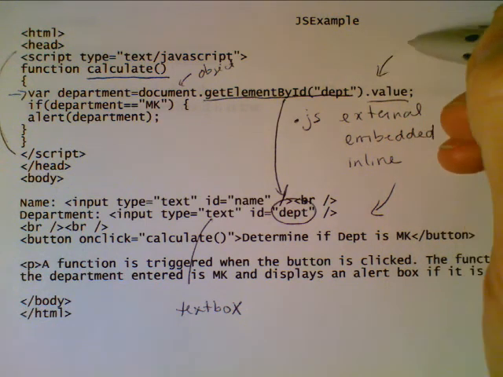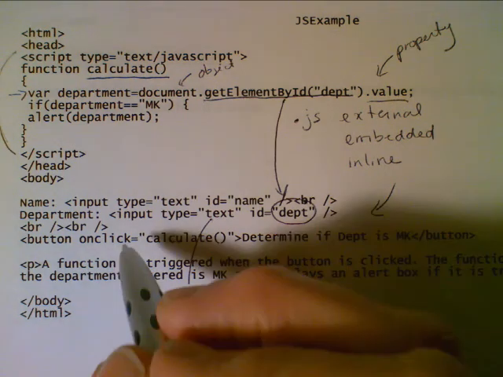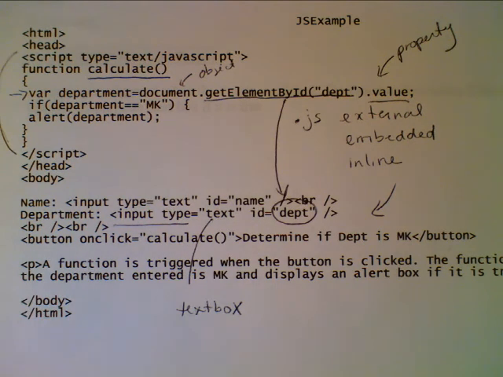So that's the value property of that particular ID. So what it means is we are making a text box with this tag. We are naming it department, and then we are going to retrieve the value that the user typed into that text box and assign it to the variable department.